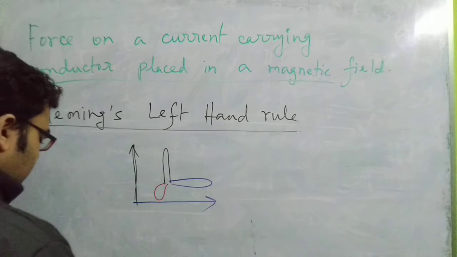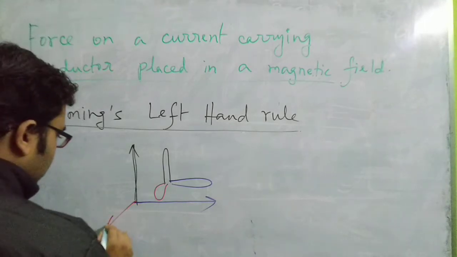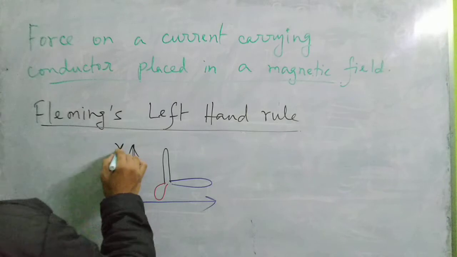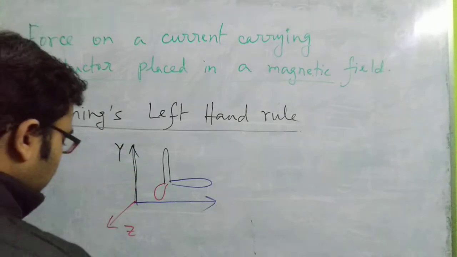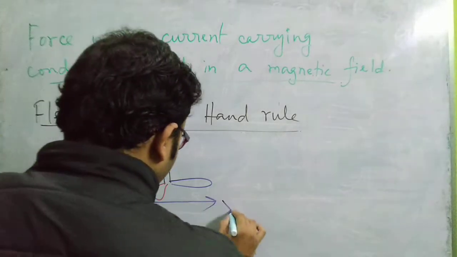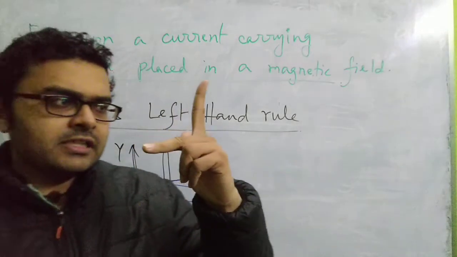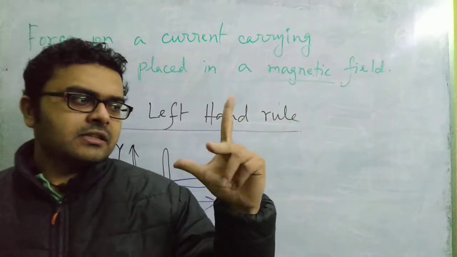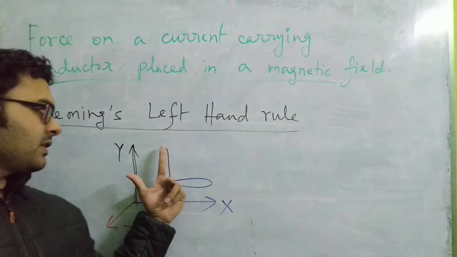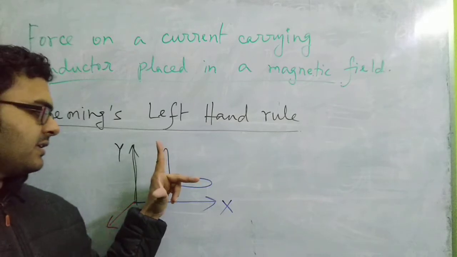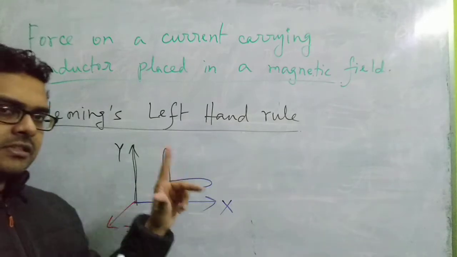The thumb is in the direction of the z axis. So this is z, this is y, and this is x. If I consider these three fingers like this, I think the figure is clear. Like this, we have considered the index finger on the y axis, the middle finger on the x axis, and the z axis has the thumb in this direction.